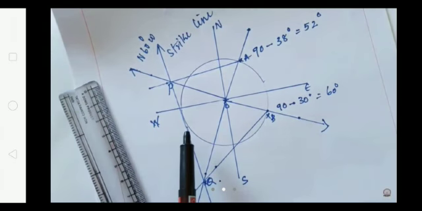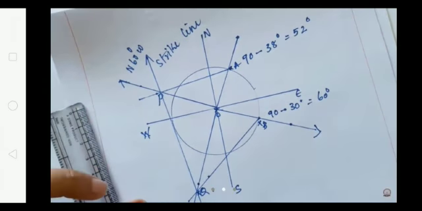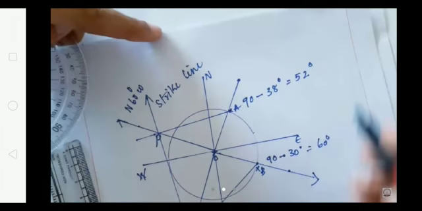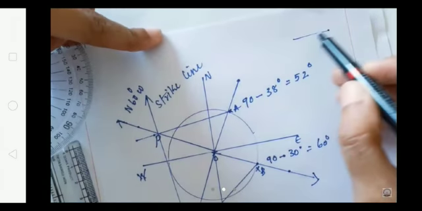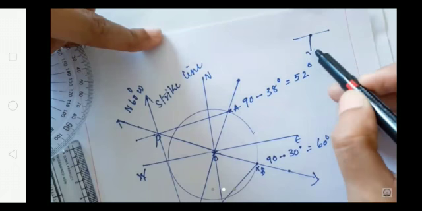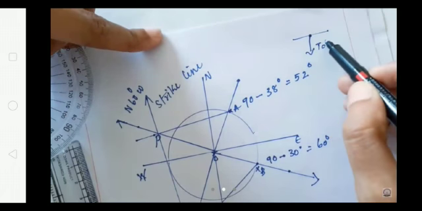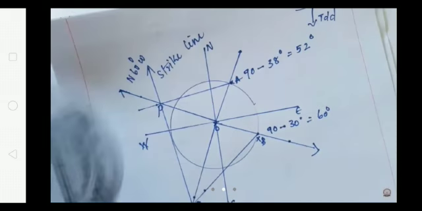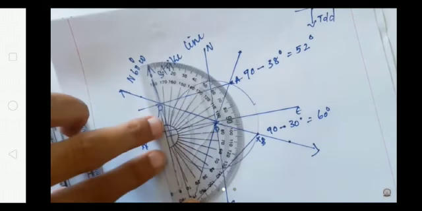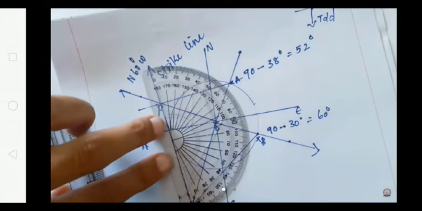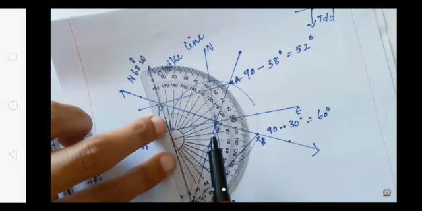Now to the strike line you have to draw one perpendicular at point A. From the center we have to draw one true dip direction line. You have to draw a true dip direction at center O. From the strike line you have to mark.